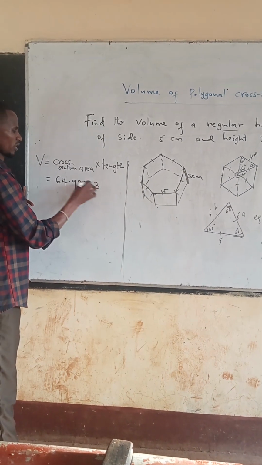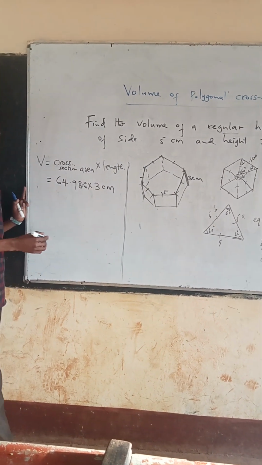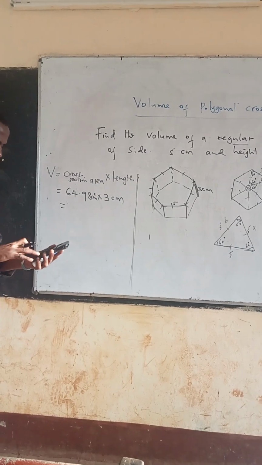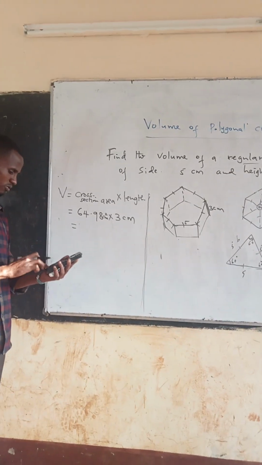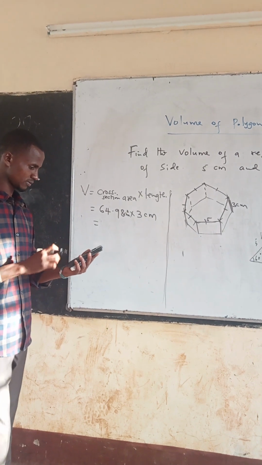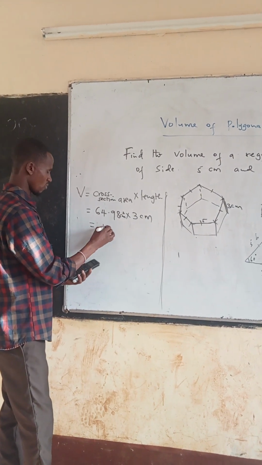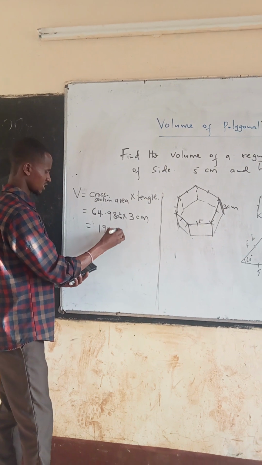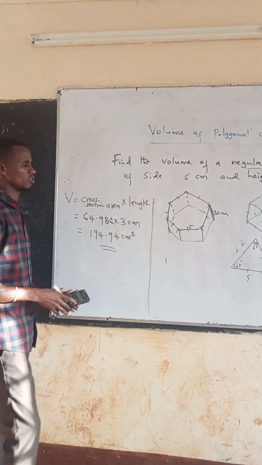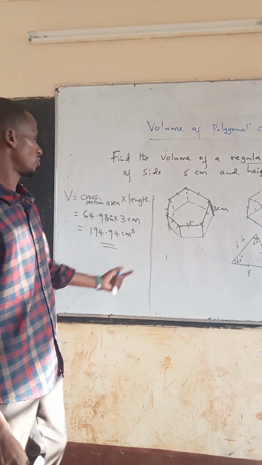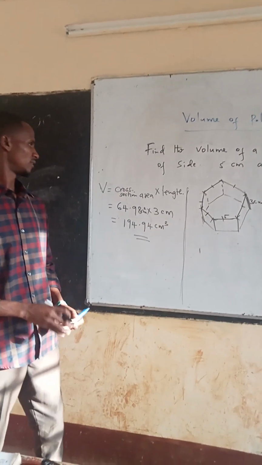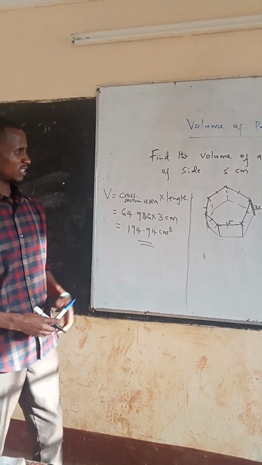This is centimeters squared and this is centimeters. Multiplying 64.98 times 3 gives us 194.94 centimeters cubed. That is the volume of a regular hexagonal nut. So that's how we do it.